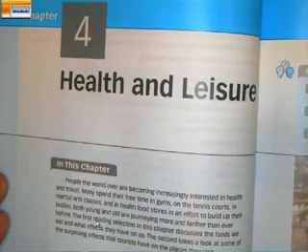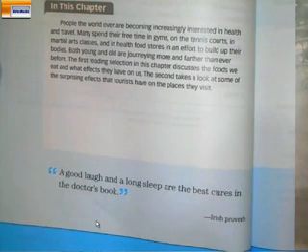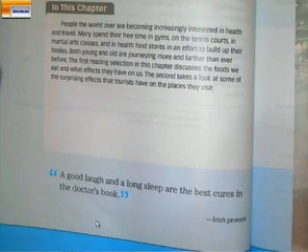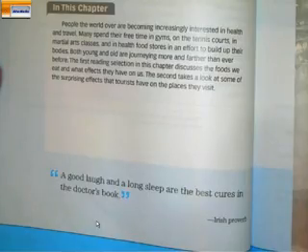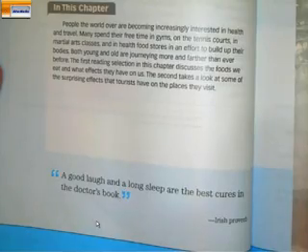From the title, we get an idea. And let's check the nice proverb here: a good laugh and a long sleep are the best cures in the doctor's book. It means that if you laugh, you forget about sadness and problems. If you have a very good sleep, this is the best medicine.